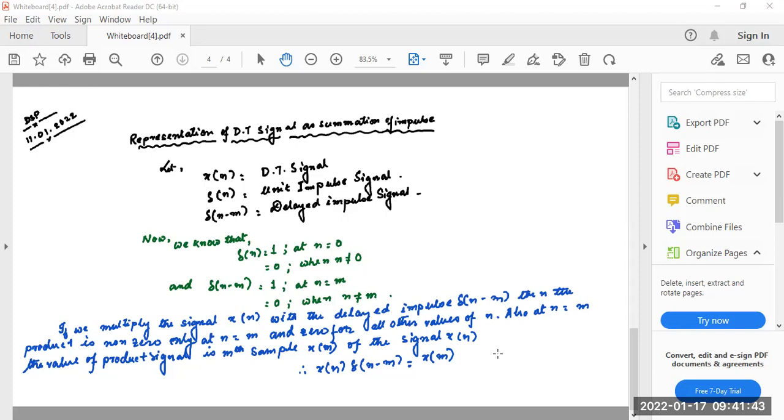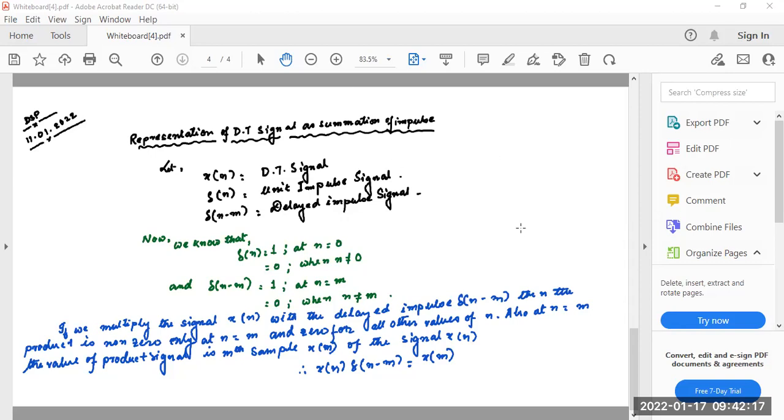Clear? Let us do the calculation by taking n equals 1. So at x of 1, delta n minus 1, at n equals 1 I get the value 1, and for the rest there is a 0 value. So x of n, which is some value, into 1 will be the same value.